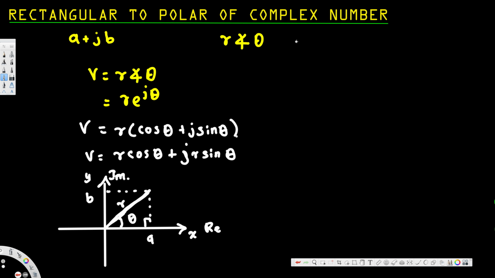And let's look at the conversions. Polar conversion and rectangular form. When we express this in rectangular form, we express it as a plus jb, and we just point the location right here.